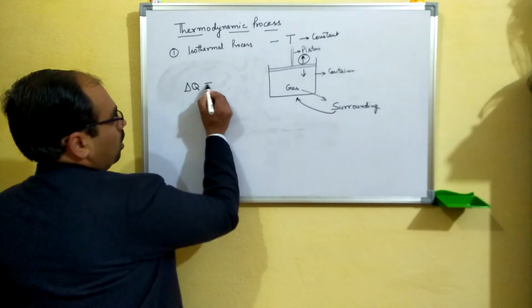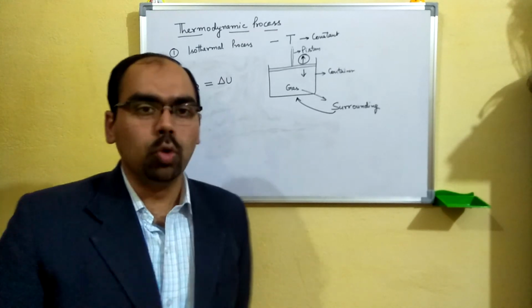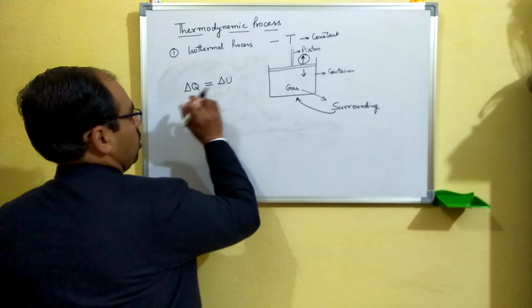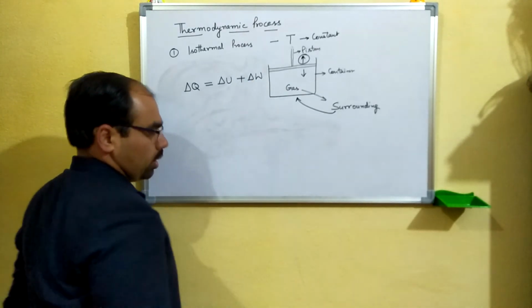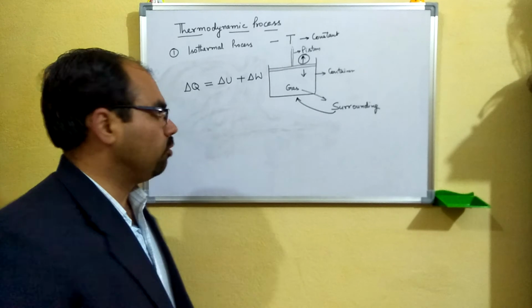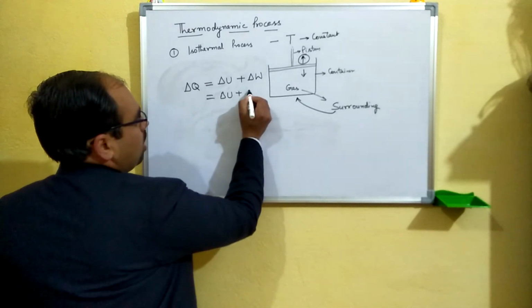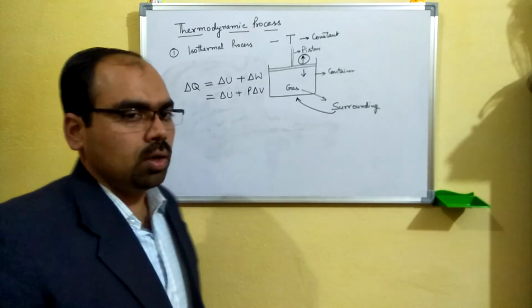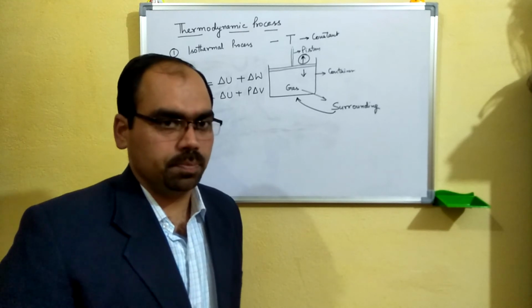If we consider the heat given to the system as delta Q, then one part is used to change its internal energy, where U is the internal energy, and the other part does a certain amount of work. This work done can be written as P delta V, where V is the volume and P is the constant pressure.